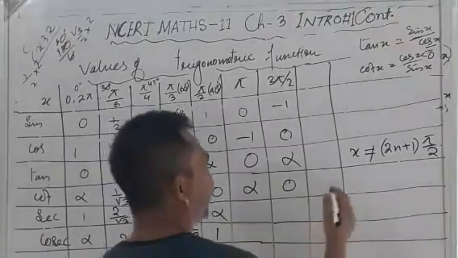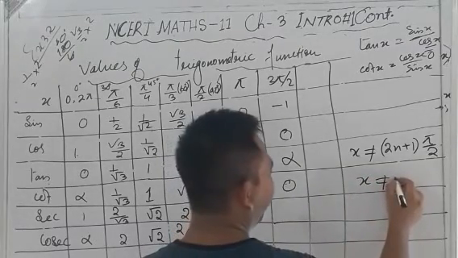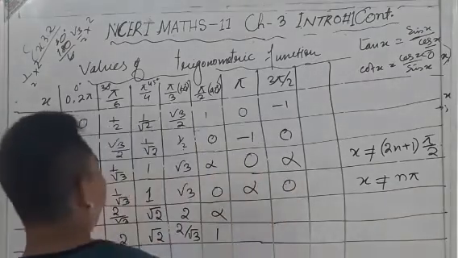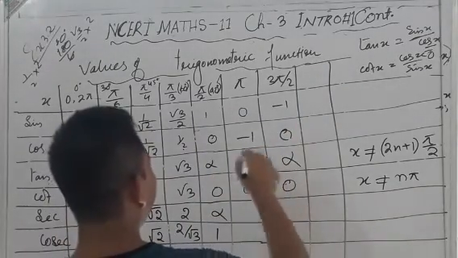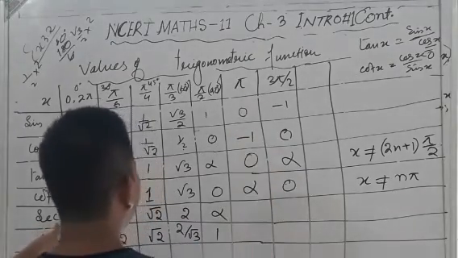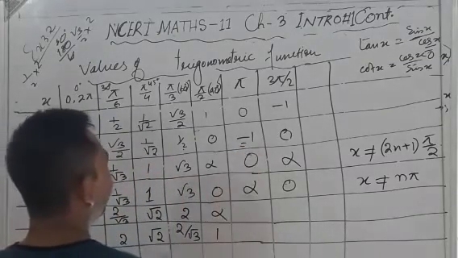What was the condition of sin x? x should not be equal to an integral multiple of pi, correct? And then here, sec x at pi, okay, at pi, sec x, this is the value, correct?